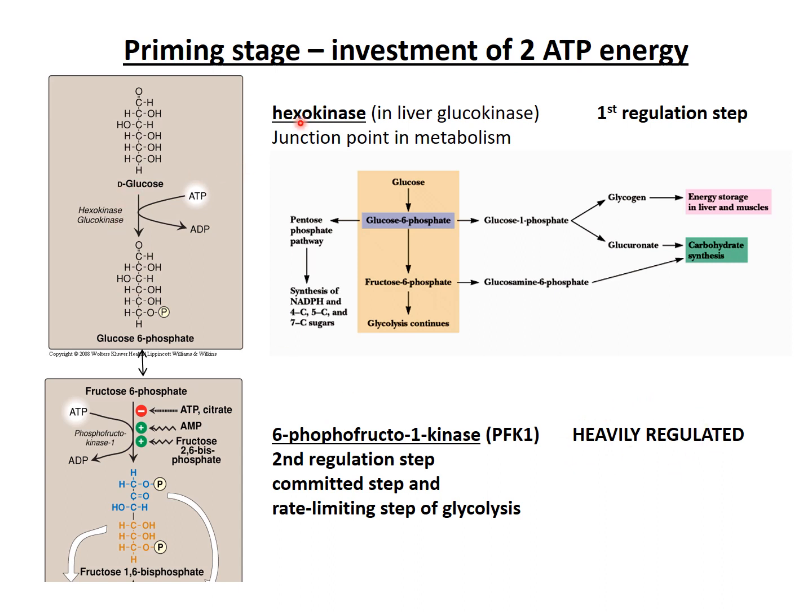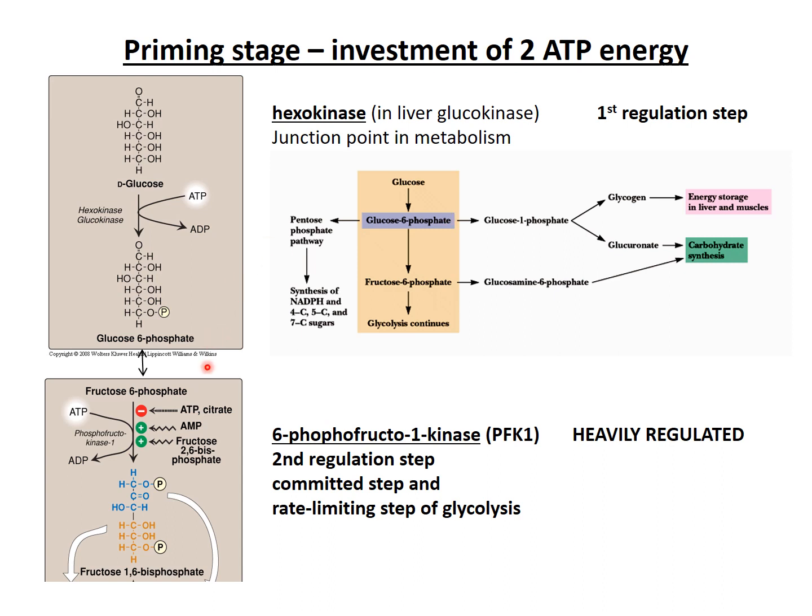So the very first enzyme is hexokinase. There is an isoform in the liver which we call glucokinase, and I will talk about it a tiny little bit later. You may recall just a couple of minutes ago I said hexokinase, glucose 6-phosphate, the product can be used for starting up different additional pathways, so we call it a junction point in metabolism.